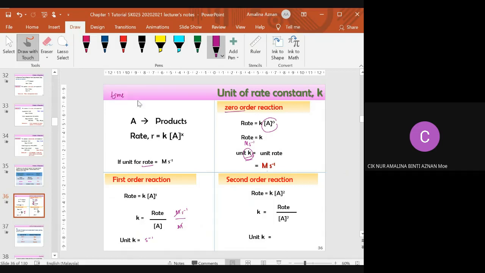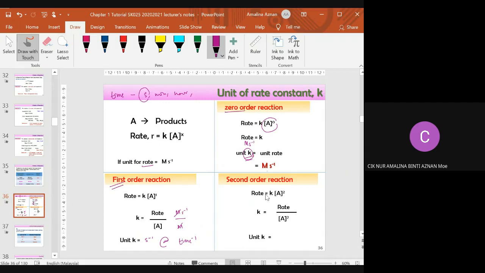Time kan Miss dah cakap dia boleh jadi second, boleh jadi minute, boleh jadi hour, day and so on. Okay, so yang commonly used adalah second. So kalau unit dia per second ataupun per time, okay, so you know that it is first order punya reaction.